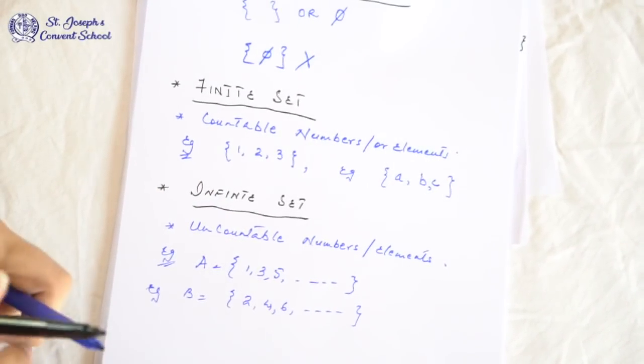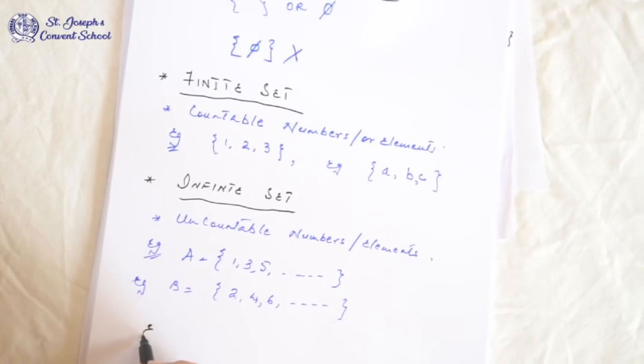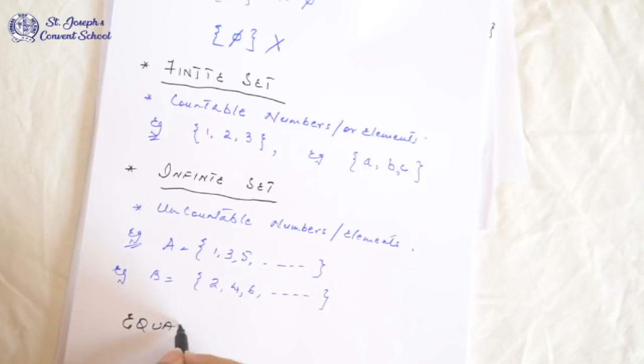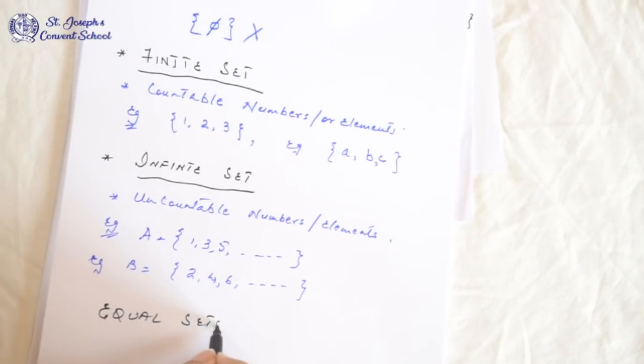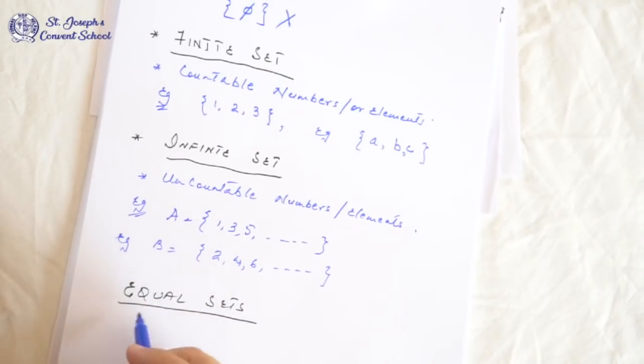Okay, then there is the equal set. Now what are equal sets? There are 2 points which you have to remember in the equal set.